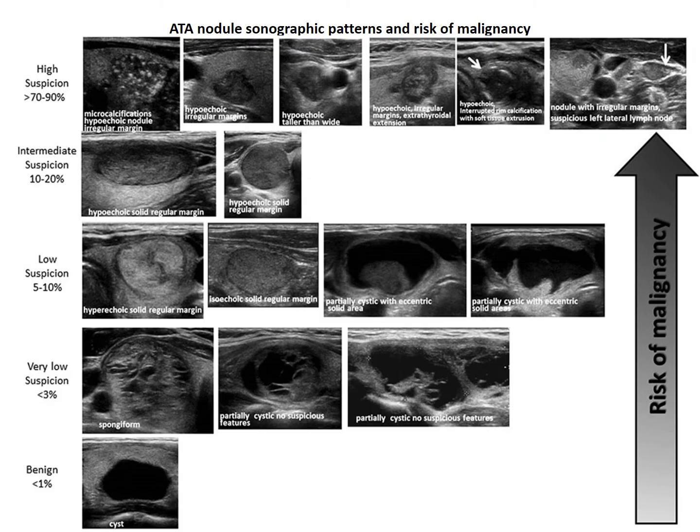Right. Now here, this is how the ultrasonography report will be sent to us. If you look at the first column, there are pictures which show thyroid nodules which have about 70 to 90% suspicion of malignancy. Look at the first picture. Here you will see that there are a number of microcalcifications present.